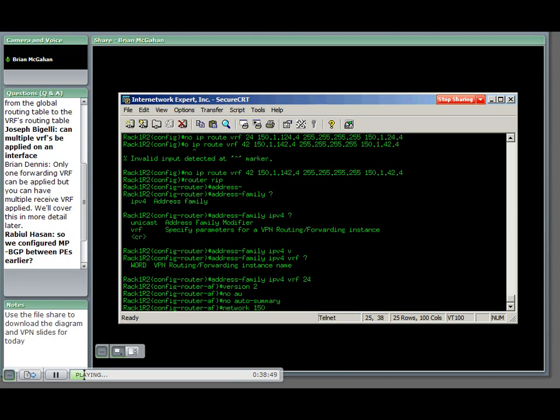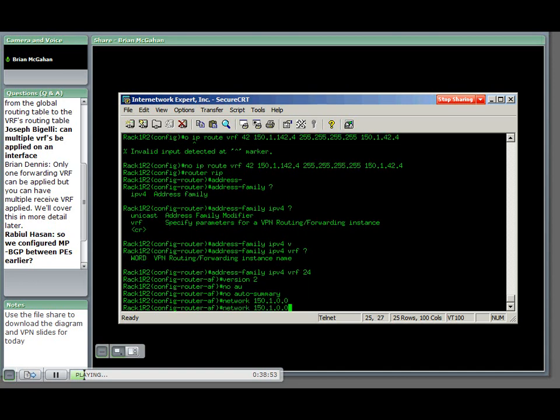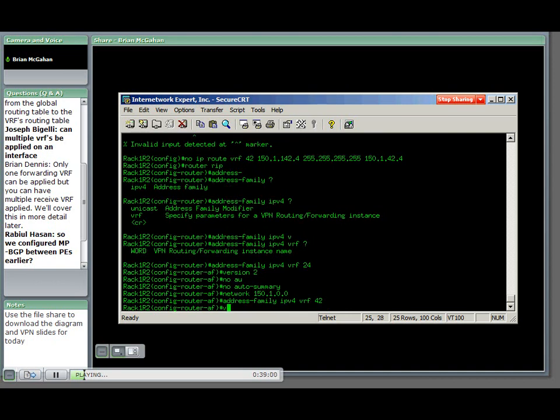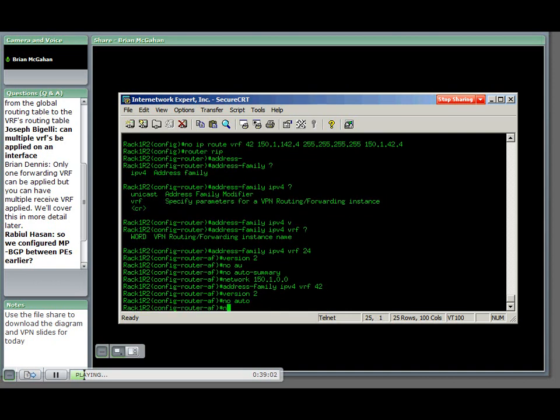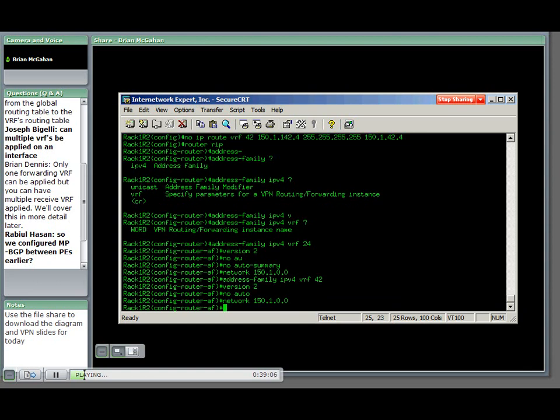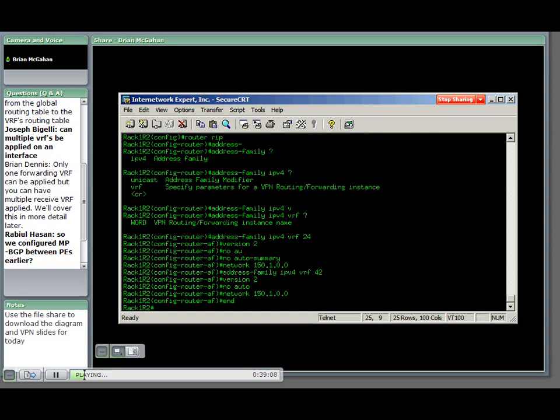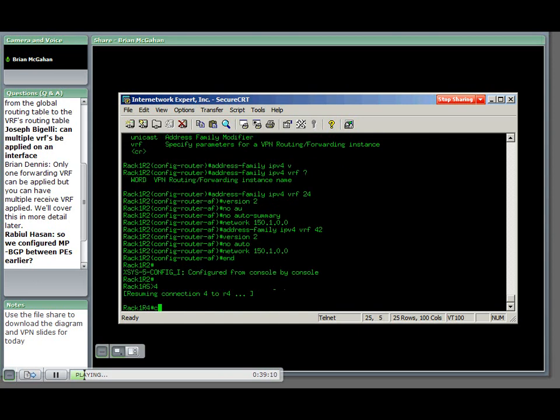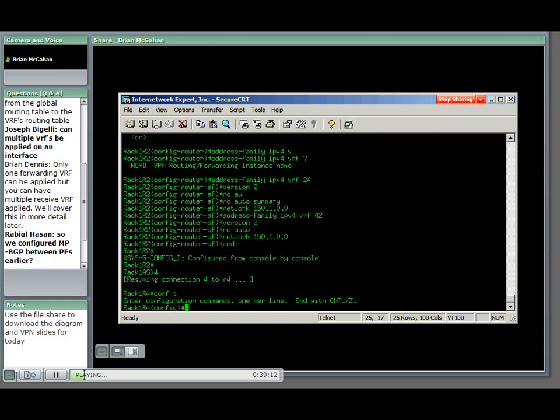And the interfaces are going to be in the network 150.1.0.0. They're all subnets of that. Likewise for VRF 42, the configuration is going to be the same here. We're running version 2, no auto summary, network 150.1.0.0. We'll go ahead and do this identical configuration on router 4.